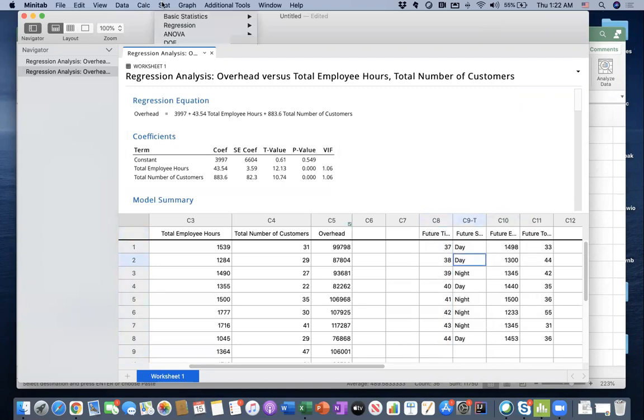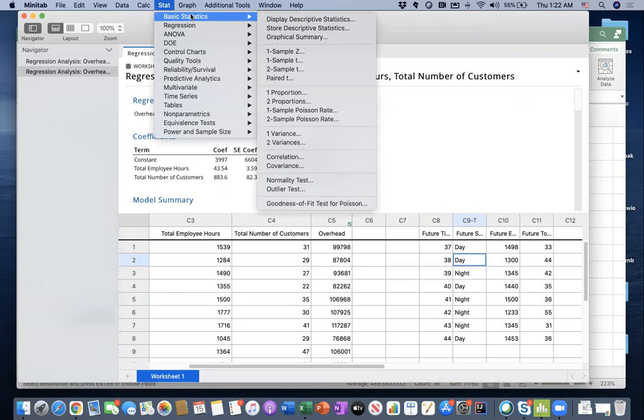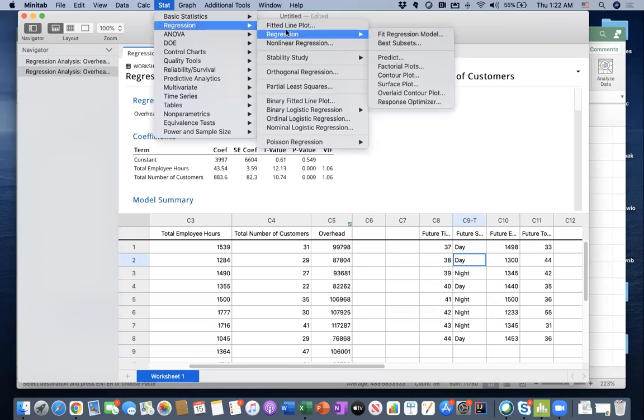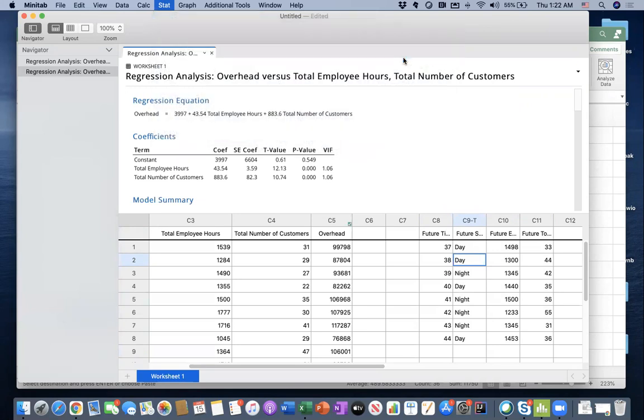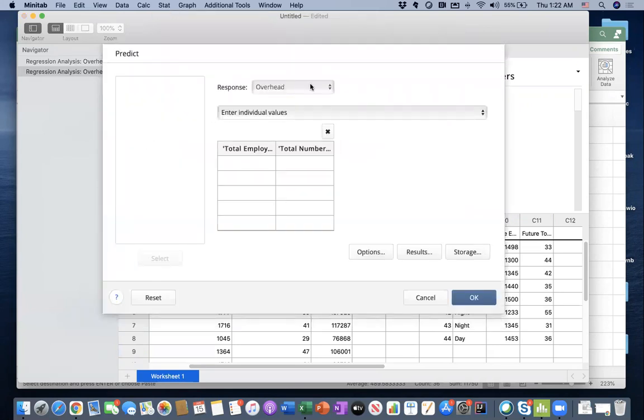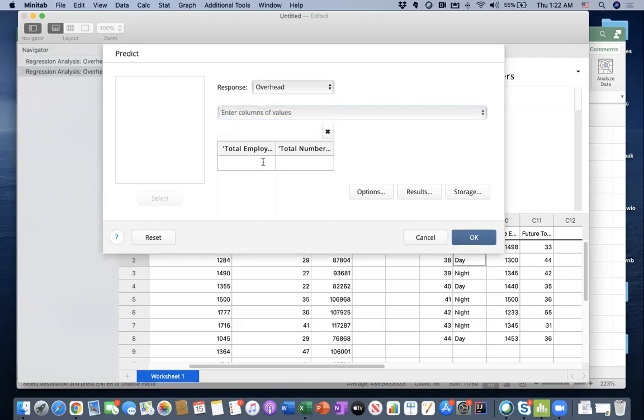And now you go to regression, predict this time, because we already fitted a regression model. As you can see, it picks up my overhead as a response variable. It says enter individual values. It gives me the 2 predictor variables here. I already stored them in a column, so I'm going to come here and then say enter columns of values.